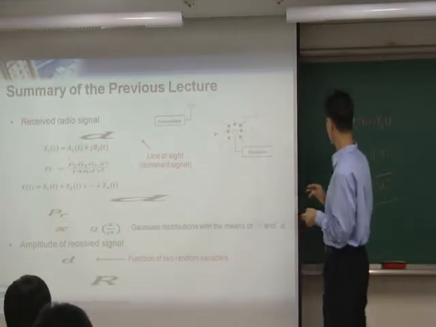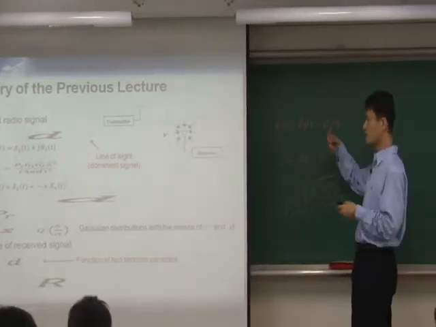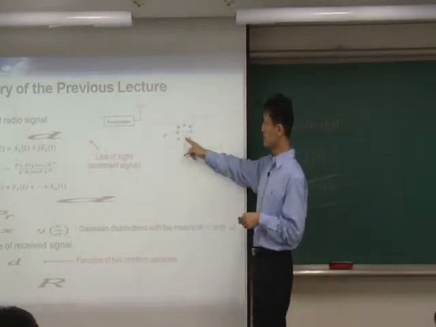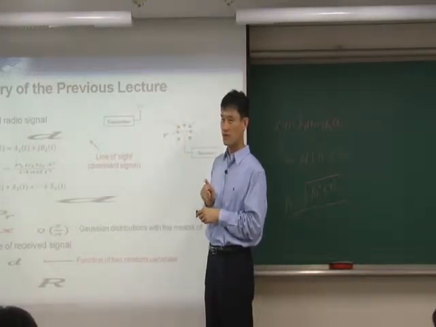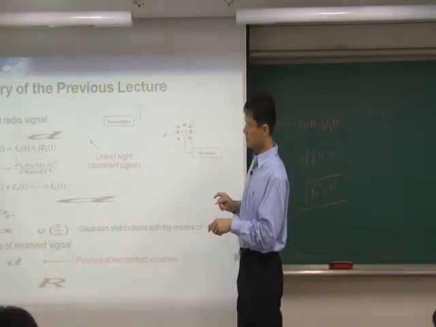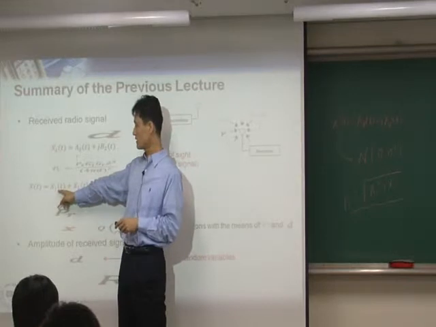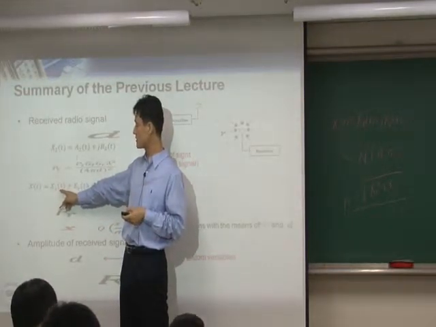In that case, mathematically, again, you are adding all these different waves from all these different directions, but one of them, especially in this case, the line of sight path, is not zero mean Gaussian. So eventually, when you add these all together, one of them, let's say x1(t), is non-zero mean Gaussian.